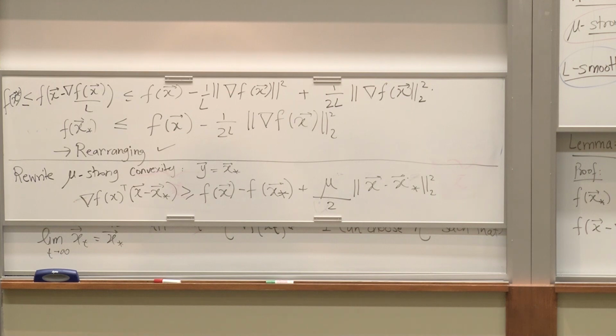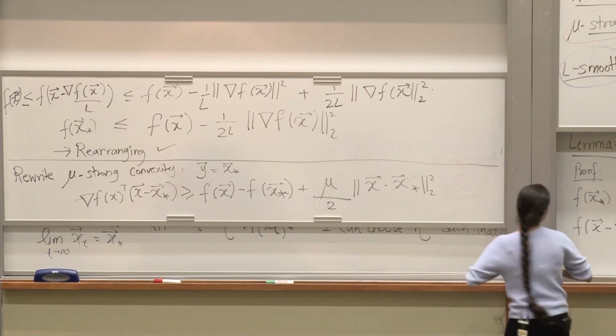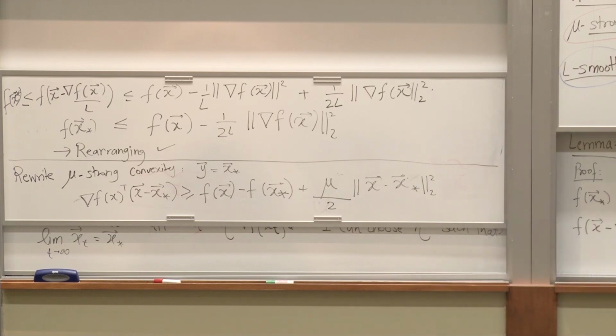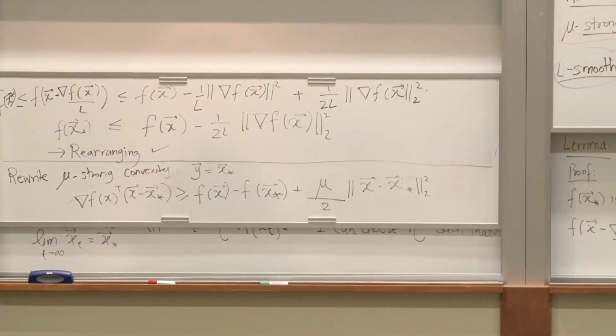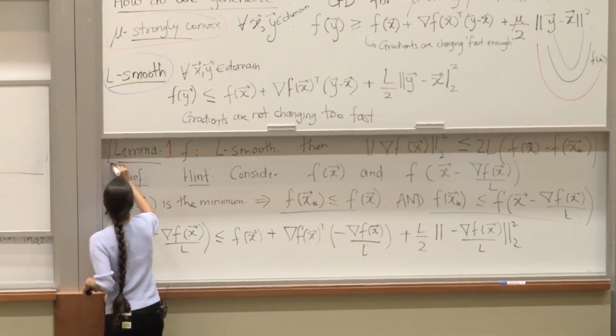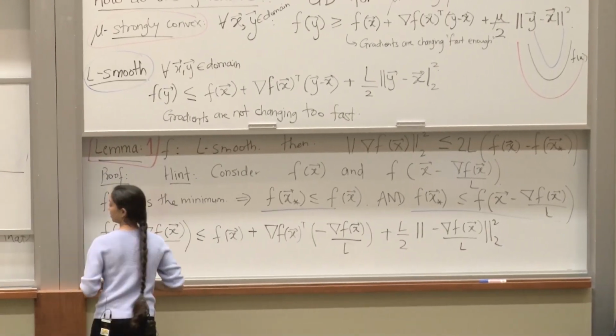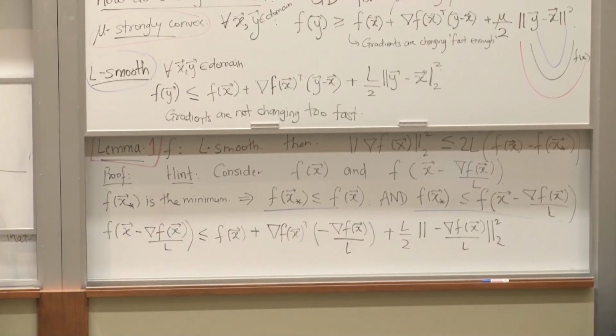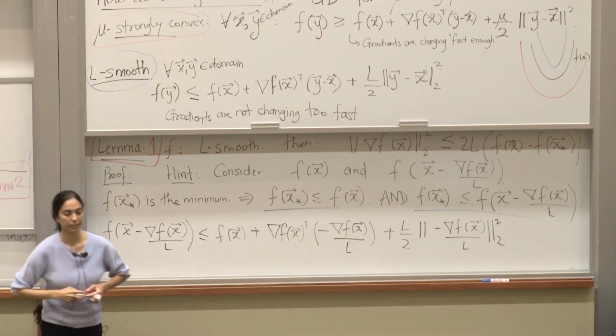I'm just writing this because it'll make things easier for me. Let's call this lemma 1. And this is not really a lemma, but let's call it lemma 2 anyway, just because it'll be easier for us later.